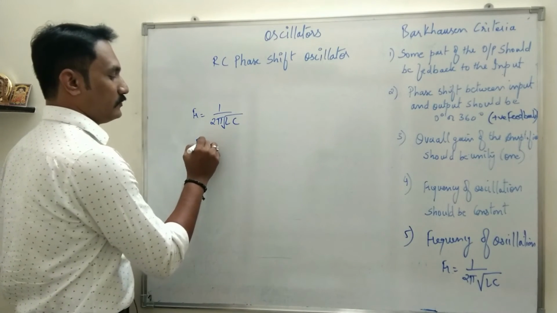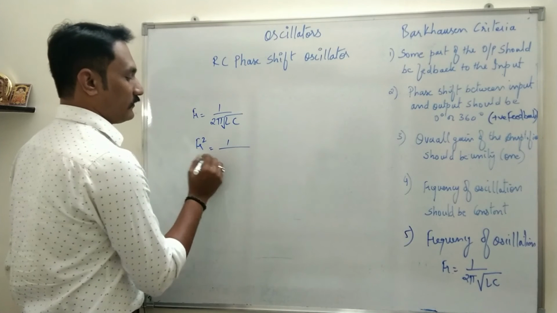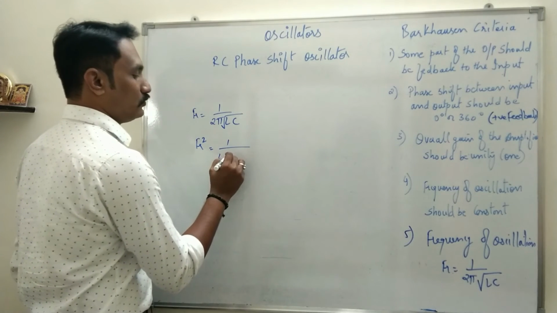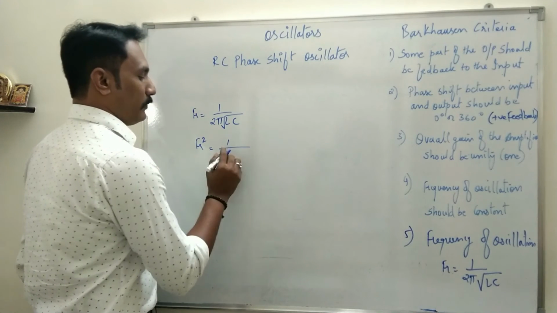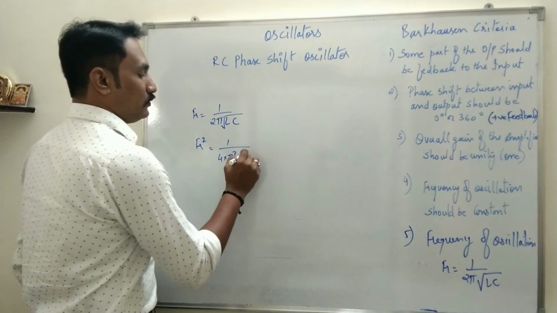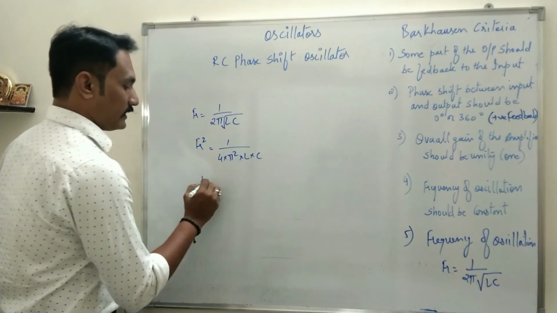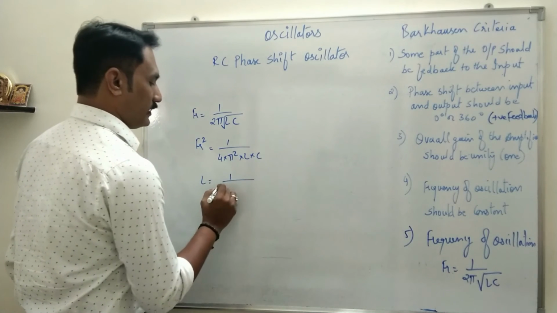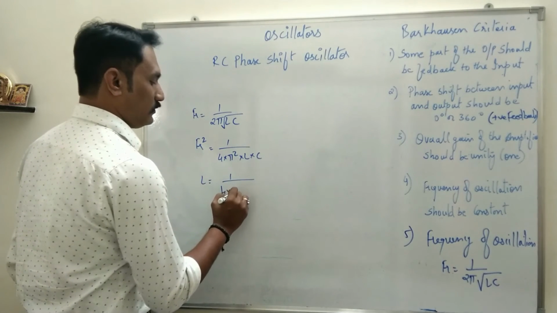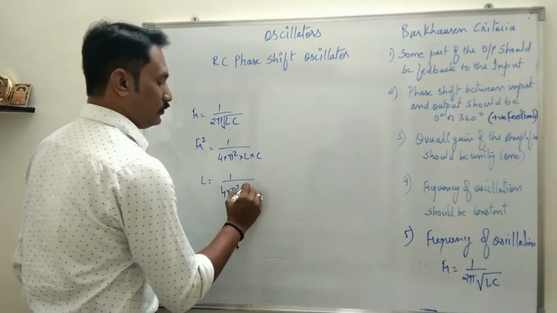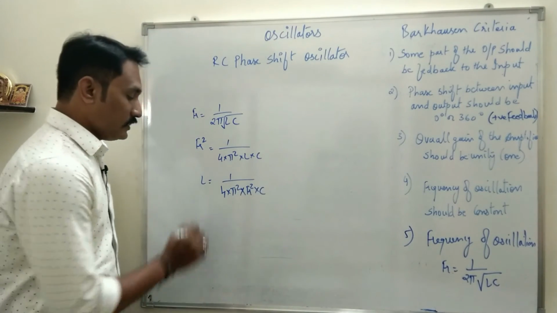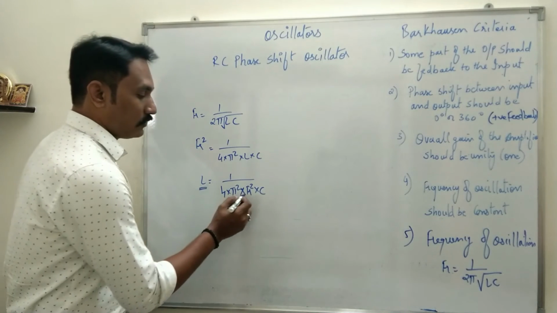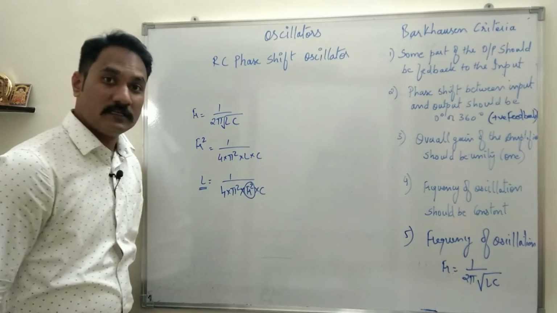This equation can be modified as FR square is equal to 1 upon 4 pi square into L into C, or I can say L is equal to 1 upon 4 into pi square into FR square into C. So the inductor value depends upon the frequency.